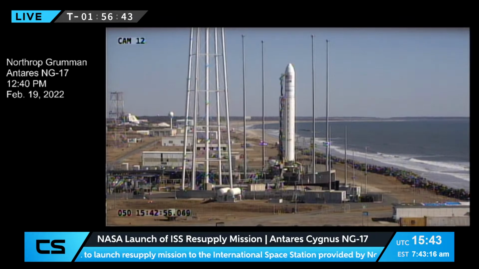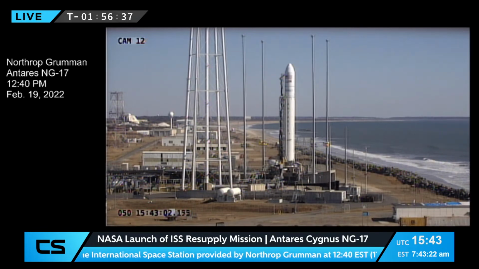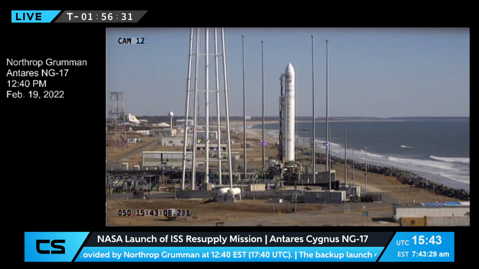And Prop 2, reconfigure HSS GN2 valves to pre-launch config. LC, Prop 2, it's in work. And I copy in work. And Site Control, you'll go for step 310, move tail to vertical position. Site Control copies. In work.